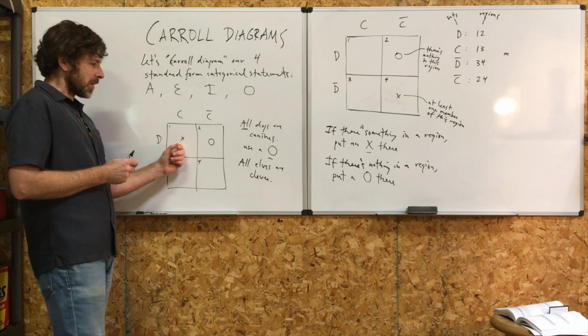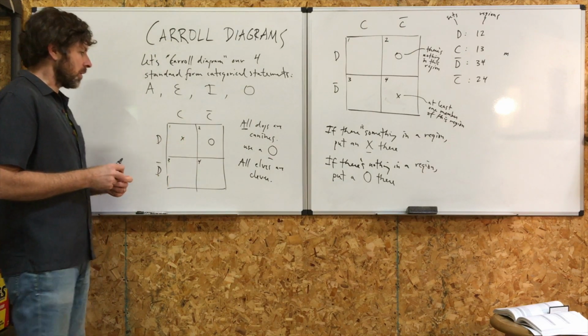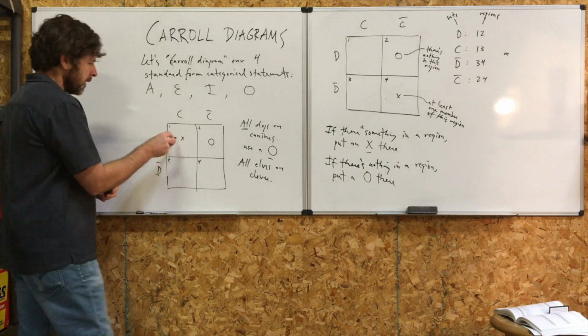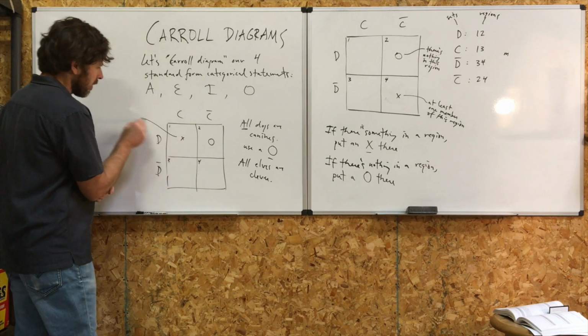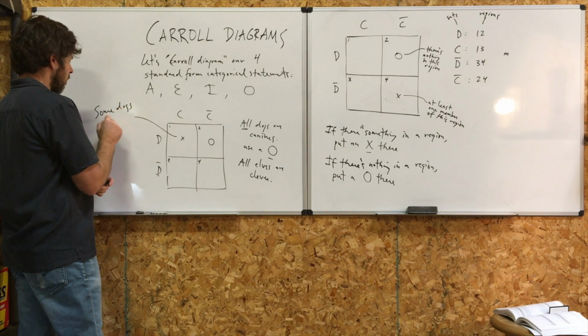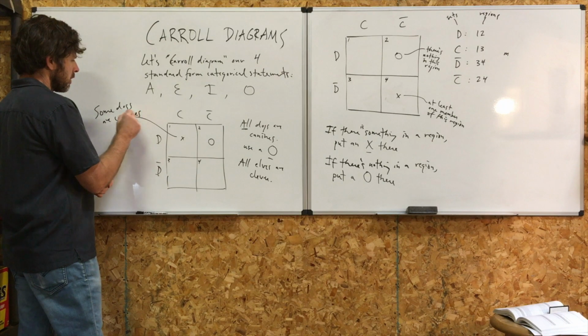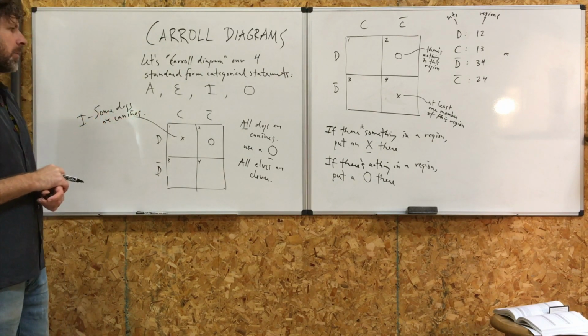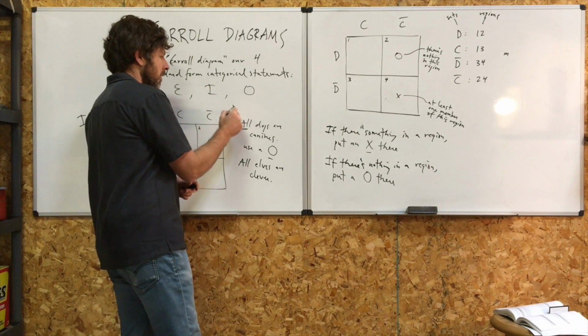By putting an X there, I'm saying there exists at least one dog. So actually, by putting an X here, I'm saying some dogs are canines. So that's an I statement. I've actually just diagrammed an I statement. Here, I've diagrammed an A statement.